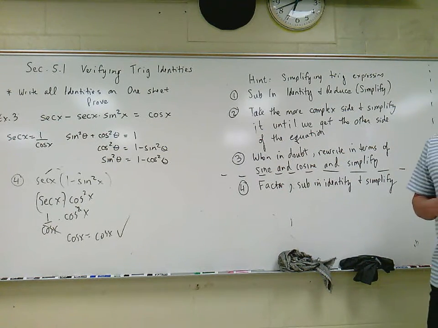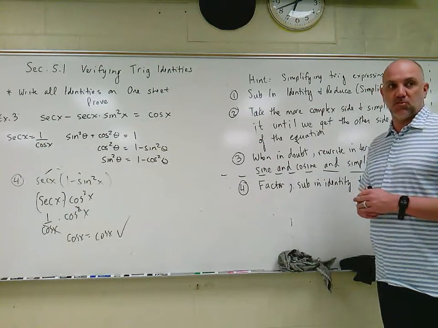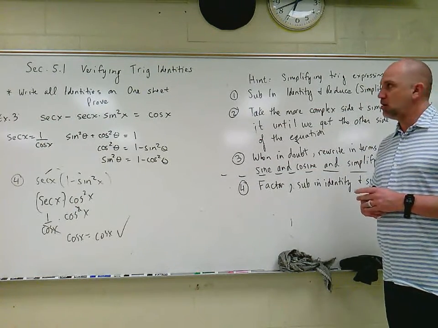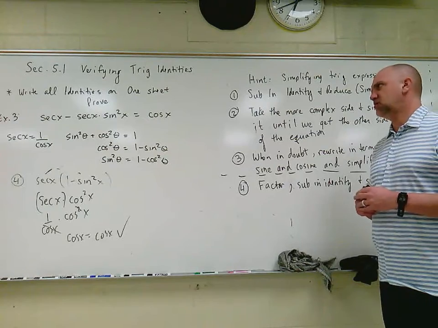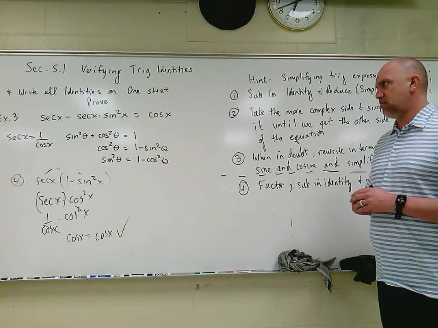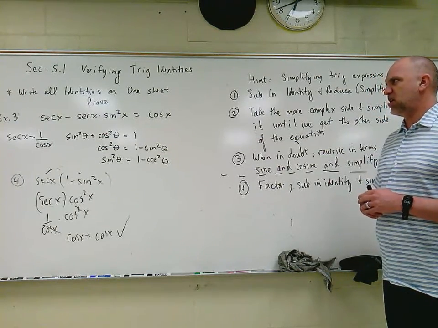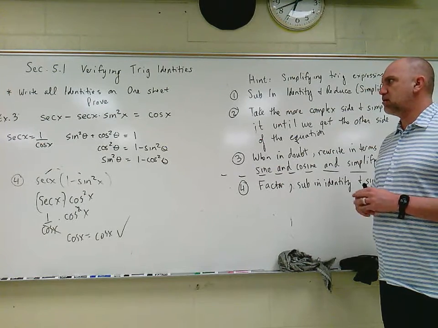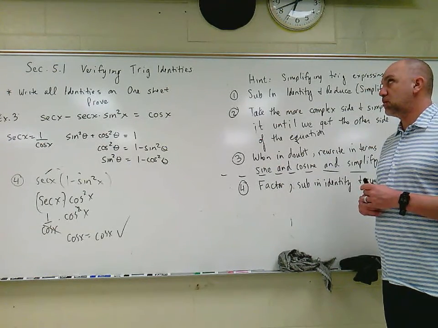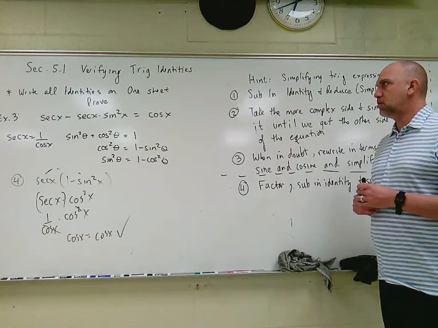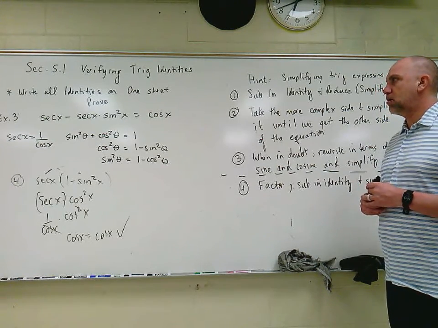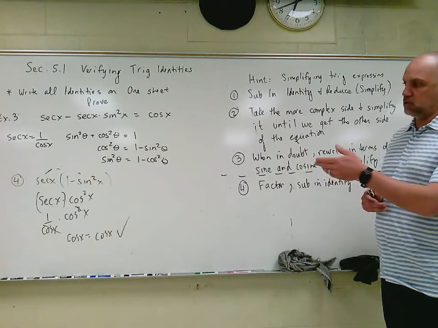But then what did you do after that? After you made it 1 minus cosine squared, then what did you do? Well, I made both of the secants 1 over cosine of x, and then I just simplified. Okay, and it worked out? I think so. I ended up with cosine squared of x over cosine of x. Does that equal cosine of x? Yeah, you got cosine squared over cosine.